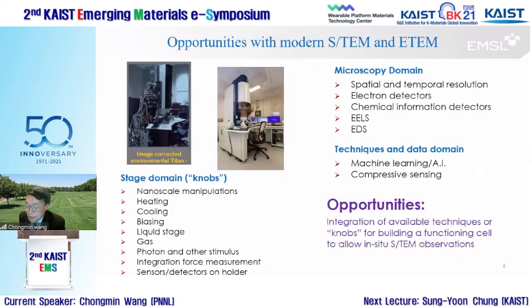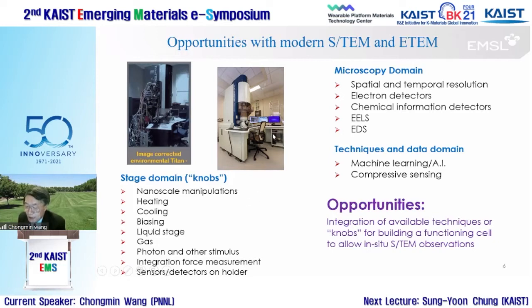Talking about in situ microscopy, typically I show you an environmental microscope and a high vacuum microscope. These microscopes are commercially available, but if you want to do something in situ, you need to be inventive and think about how to design the experiment.